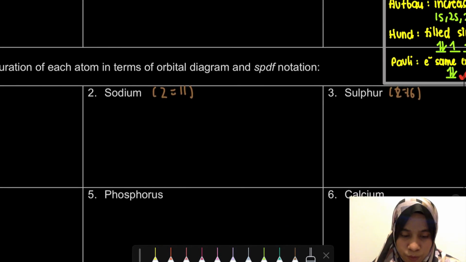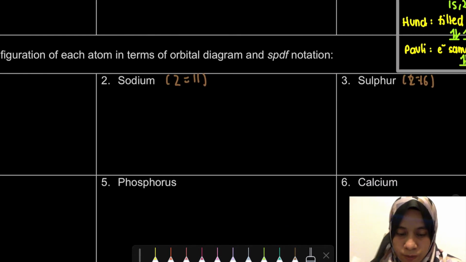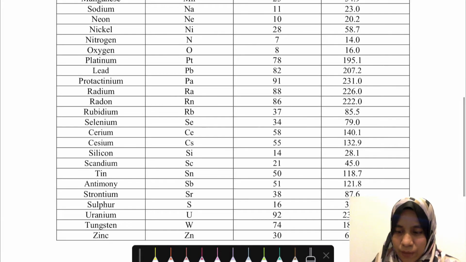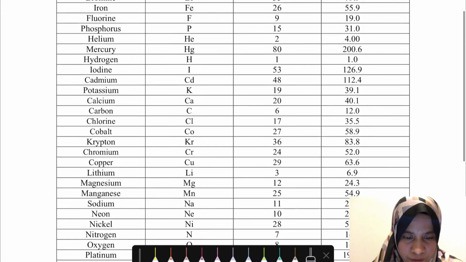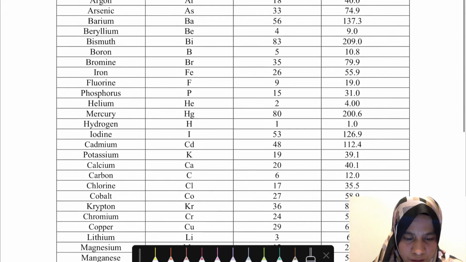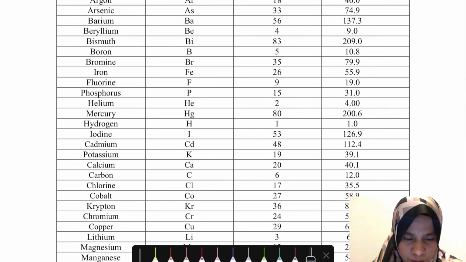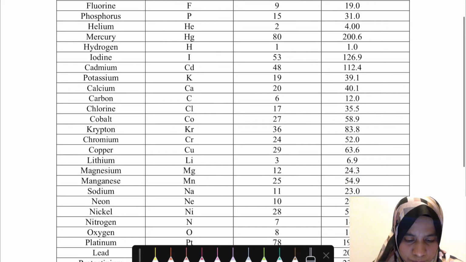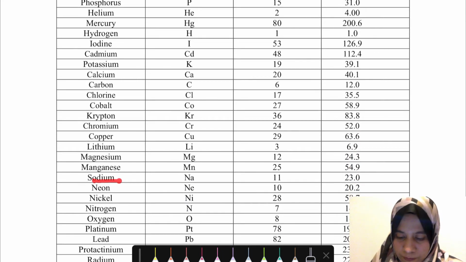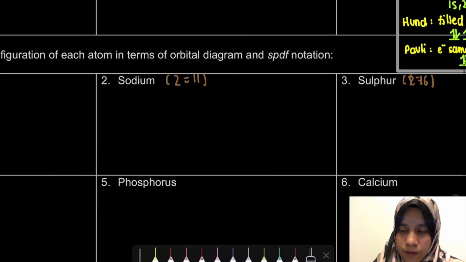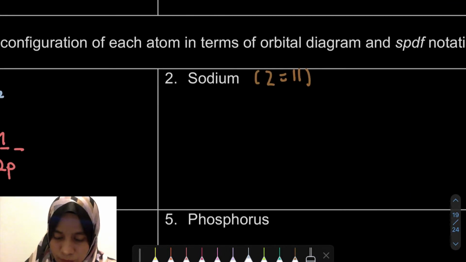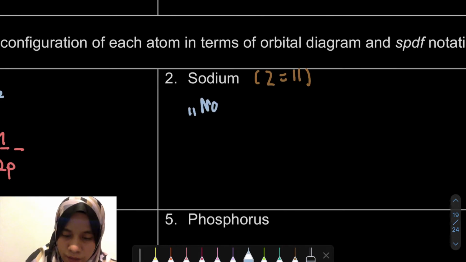Example number 2, sodium. If you are unsure what the symbol is, you can look at the list of constants. Sodium, the symbol is Na, 11. The previous noble gas is Ne, so 11 means Ne plus one. So 1s2, 2s2, 2p6.